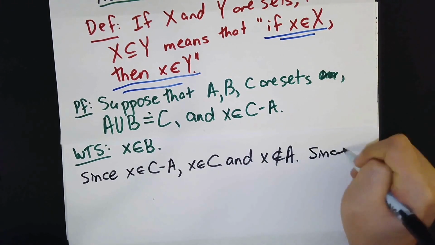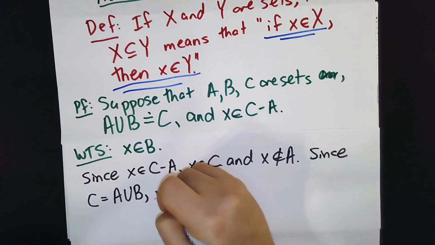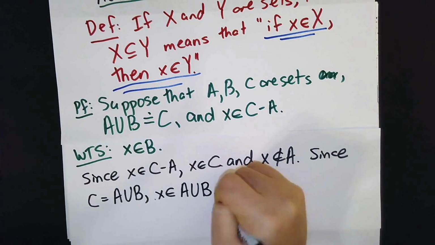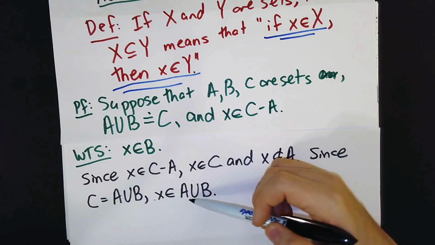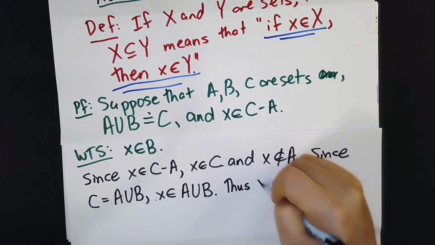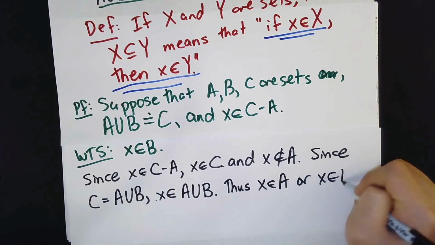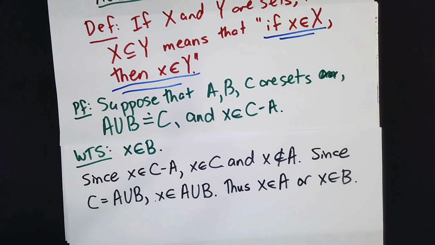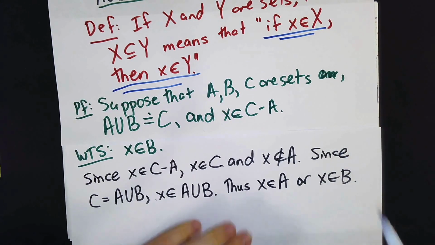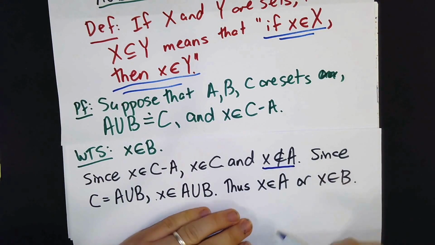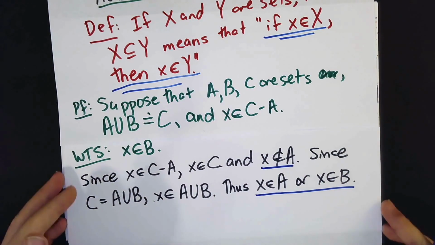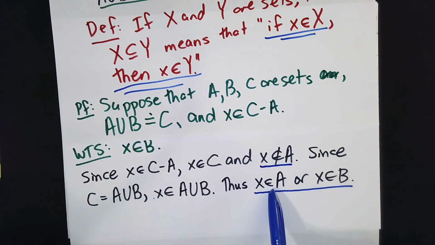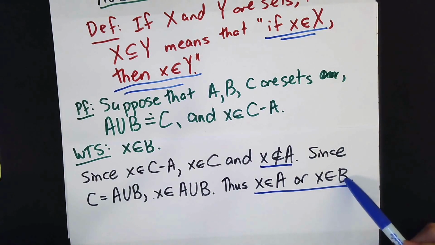Now, since C and A union B are equal, that tells me that x is in fact an element of A union B. But A union B is the set of elements that are in A or B. So by definition, x is in A or x is in B. So now I want to draw your attention to these two pieces. x is not in A, x is an element of A, or x is an element of B. And I want to make the observation that since I'm being told this part of the OR is false, and yet the whole OR is true, that means this part must be true.